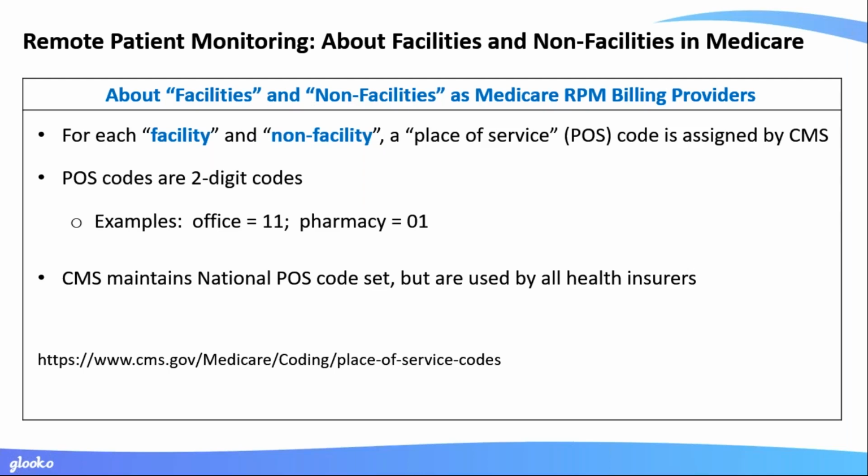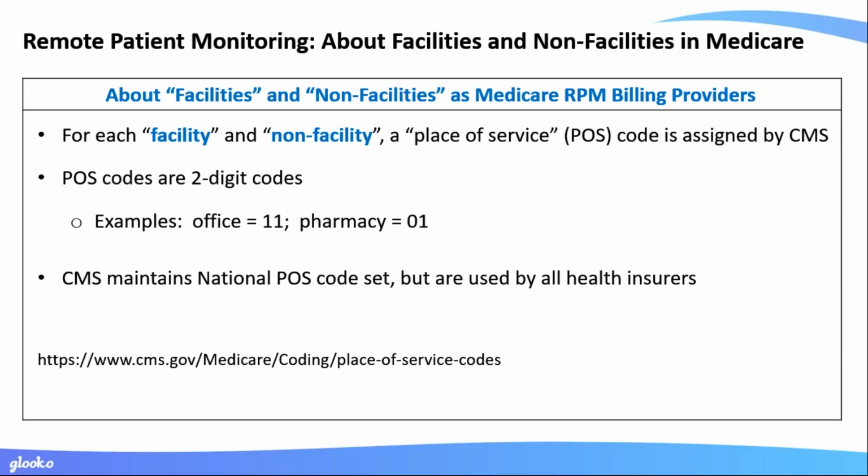For an office, like Dr. Miller's office, the place of service is code 11. A pharmacy is 01. Those place of service codes have to be inputted on the professional 1500 claim form, so Medicare knows what place of service the service was rendered in.